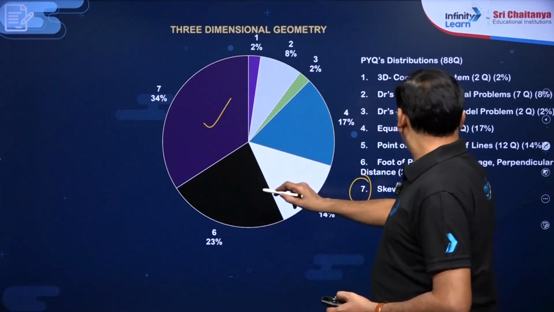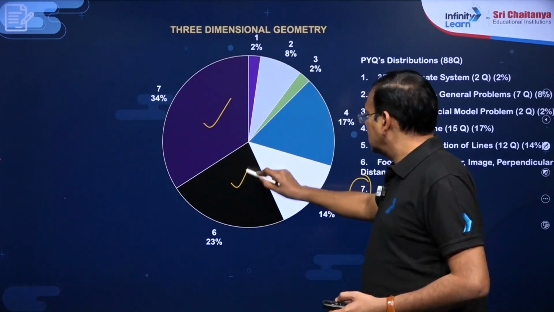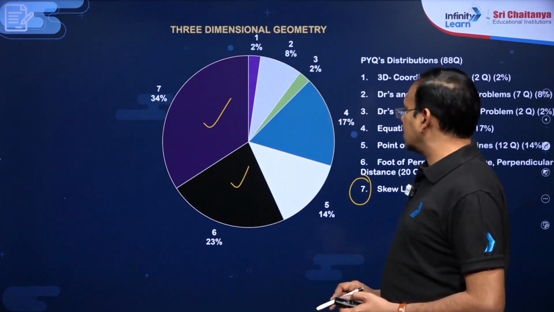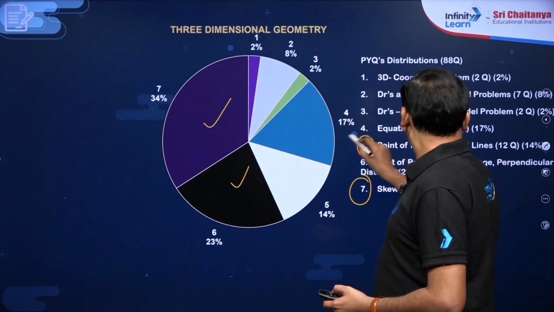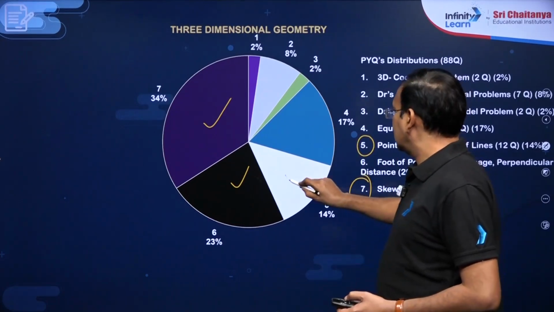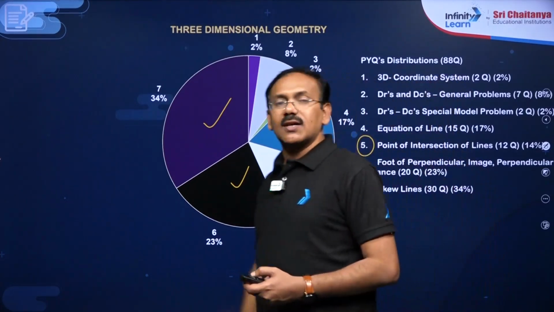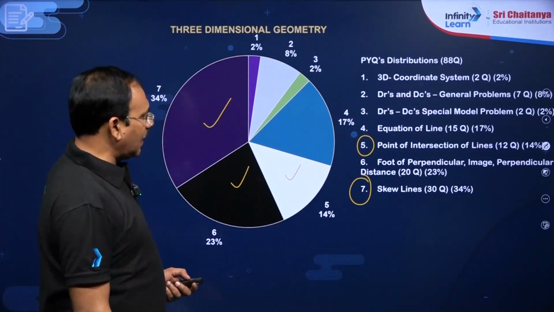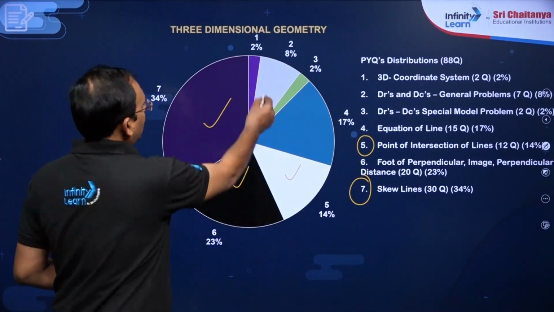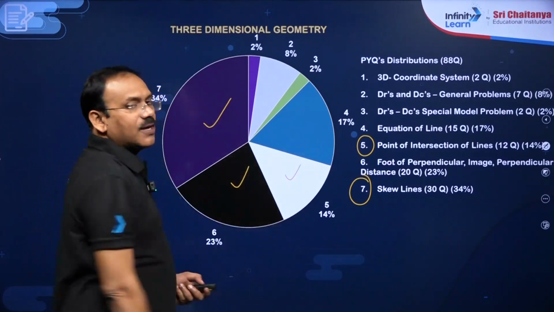Then foot of the perpendicular and image, the 6th area, 23%, and the 5th one is 14%. These 3 areas together, including equation of the line also, if you combine them, most of the part is covered here itself.